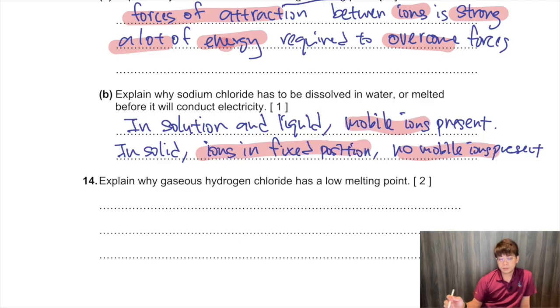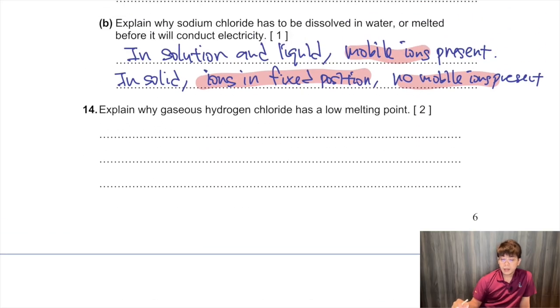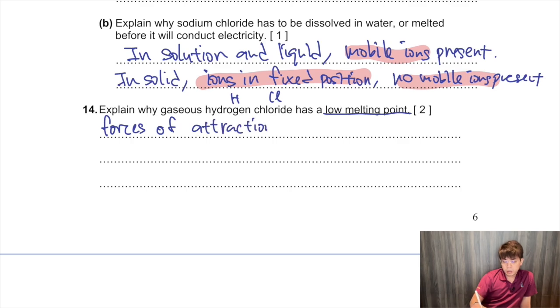Finally, explain why gaseous hydrogen chloride, H, chloride Cl, non-metal, has a low melting point. So low melting point means that the force of attraction is weak. Now we need to decide what is this force of attraction in between. Because this is covalent, so non-metal, covalent form molecules.